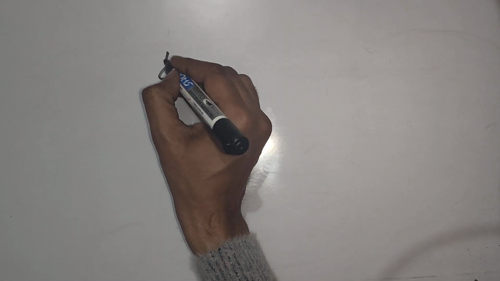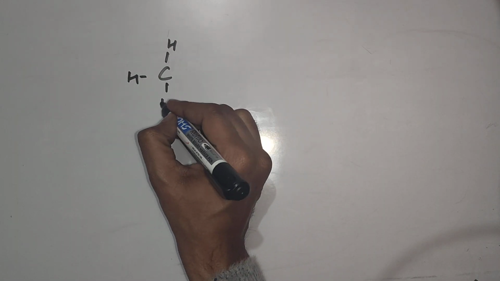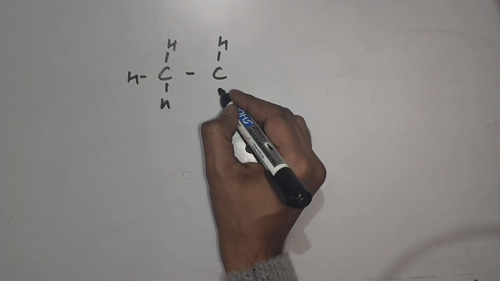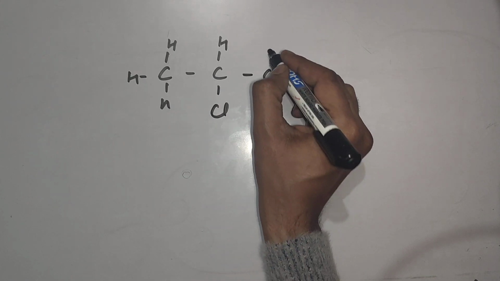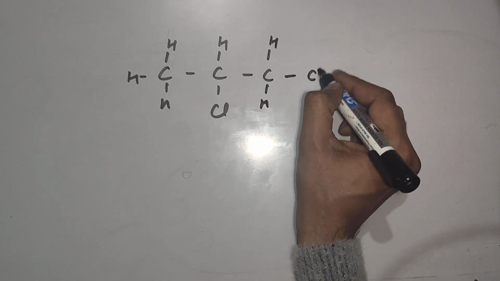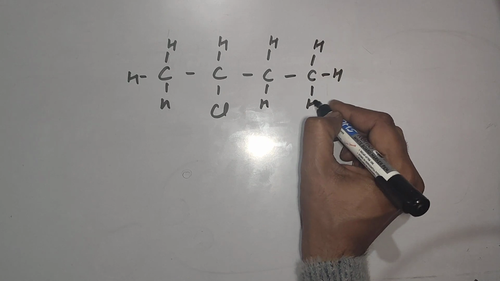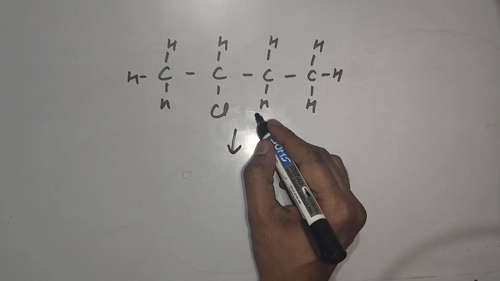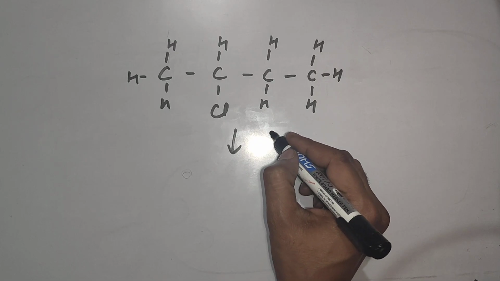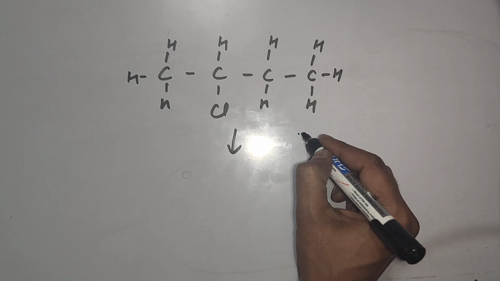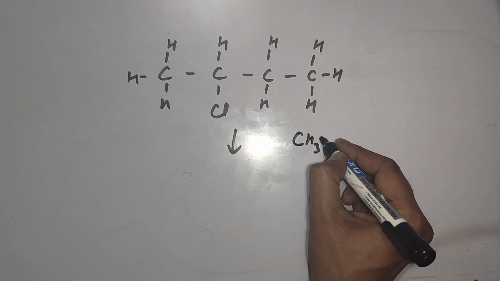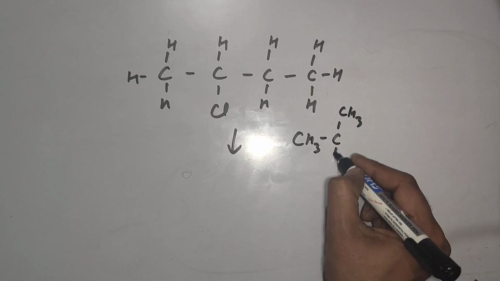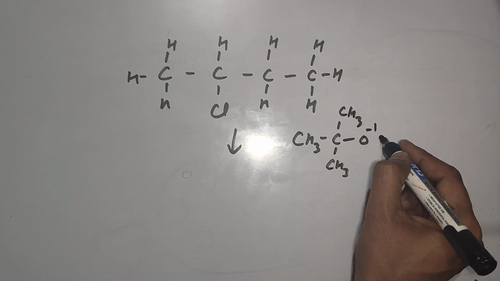Now, one more point. If we have a haloalkane which is able to produce 2 types of alkenes, like suppose this is the haloalkane and we are making it undergo beta elimination reaction by reacting it with a strong base like CH3, C, CH3, CH3, O negative, Na positive.